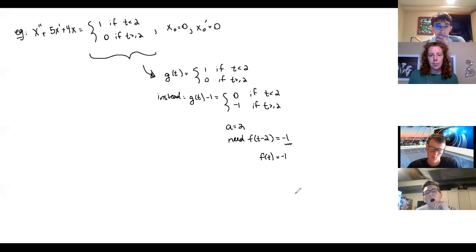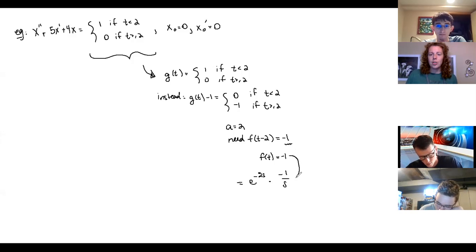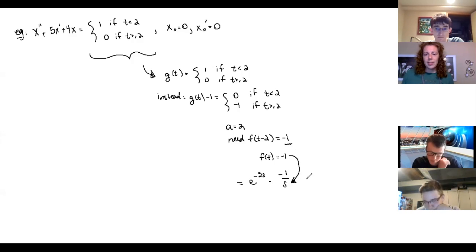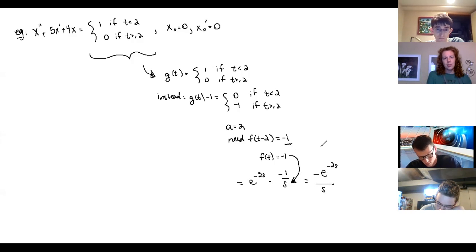I don't have to worry about plugging in my t plus 2 because there's no t's. So therefore, my transform is going to be e to the negative 2s times negative 1 over s. Transform of negative 1 is negative 1 over s. We can rewrite this if you want to as negative e to the negative 2s over s. So that's my transform, almost.